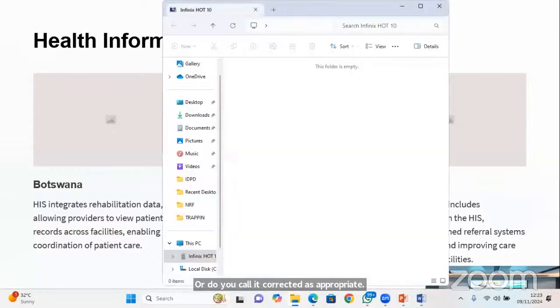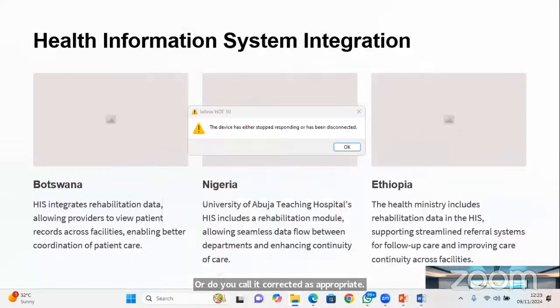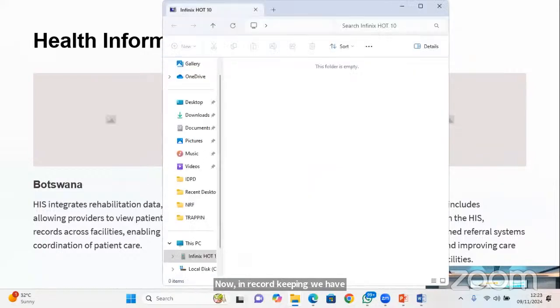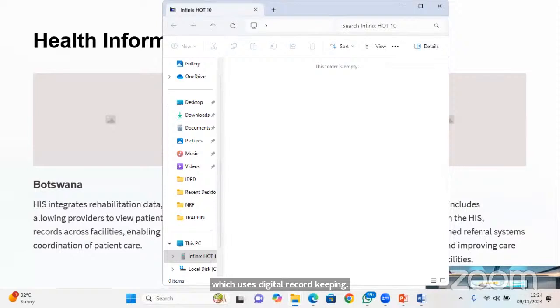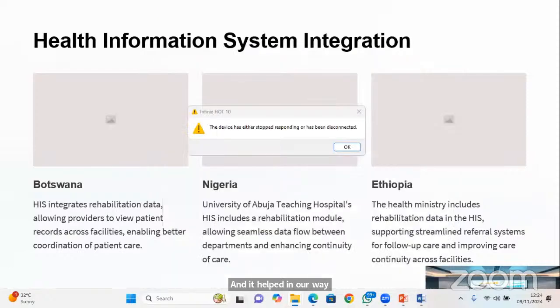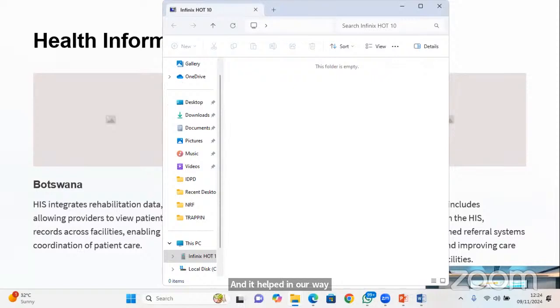Now, in record keeping, we have New Zealand's Auckland District Health Board, which uses digital record keeping that they transitioned to not long ago, and it helped in having every patient's rehabilitation records cover not only their treatment, but also their progress notes.